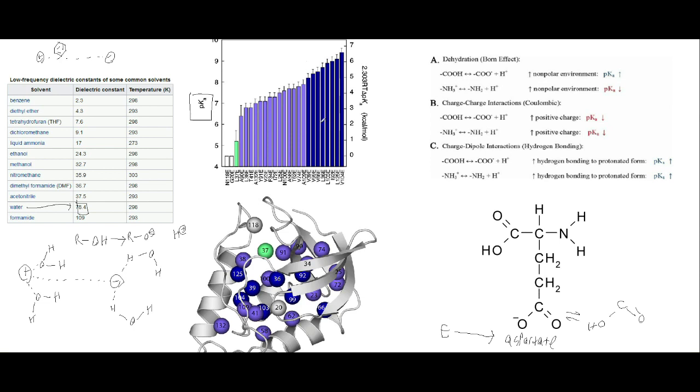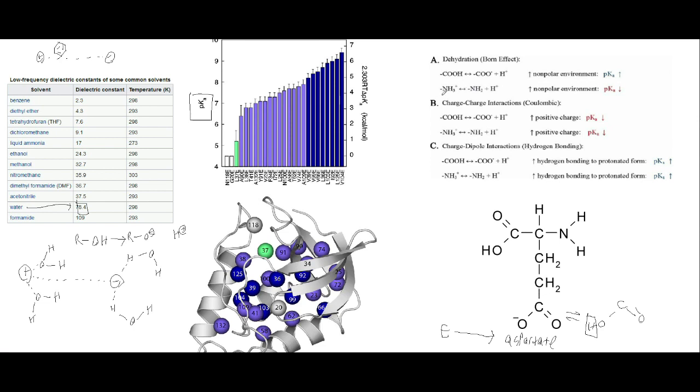So we have these increasing pKa's, which means that this hydrogen is going to be less likely to come off. And what you can see here is, so in a nonpolar environment, in the inside of a protein, our pKa can increase with carboxylic acid.